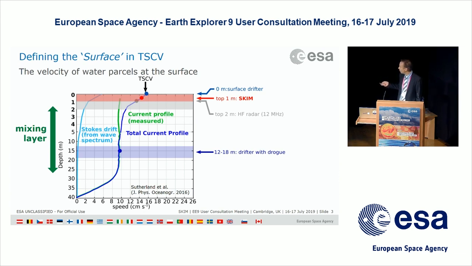Now, why do we care about the surface of the ocean? Because the surface of the ocean is actually where most economic activity in the ocean is taking place. It is also where most of the anthropogenic material that we put into the ocean is floating around. Think about oil, such as here from the oil spill after the Deepwater Horizon accident in 2010.